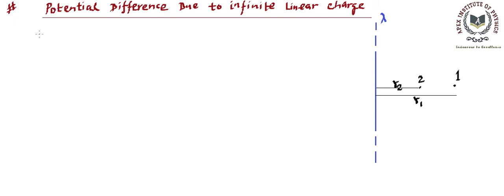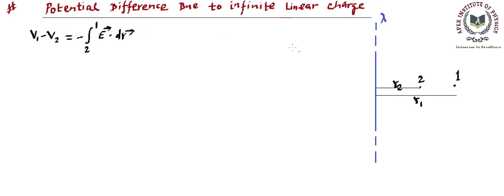Now we have just understood a relation, that the potential difference, if we call it V1 minus V2, is written as minus the integration from point 2 to point 1 of E dot dr. So this relation we need to use, and we can find out what the potential difference is going to be.